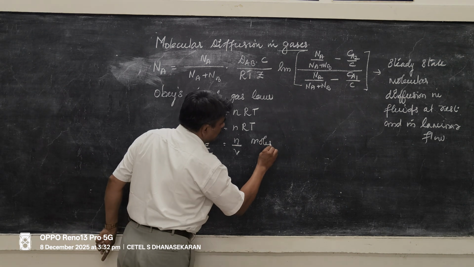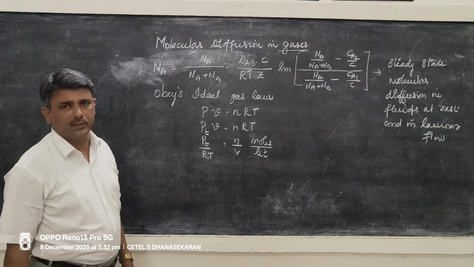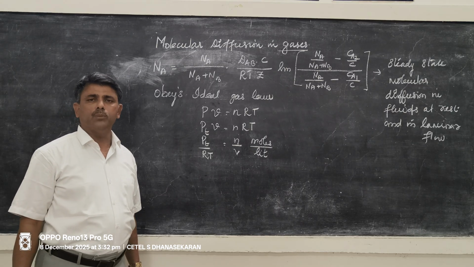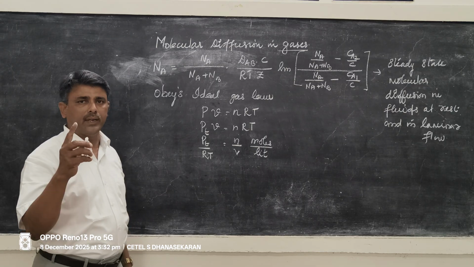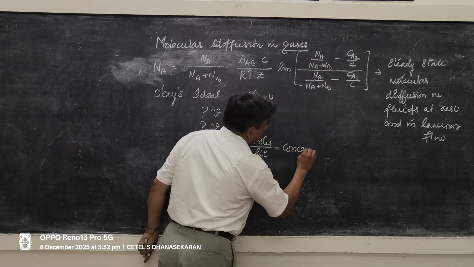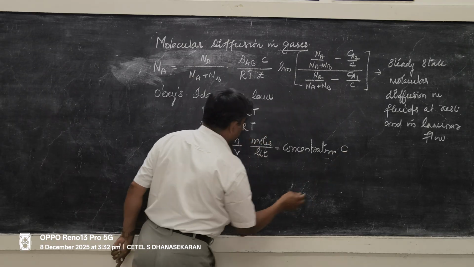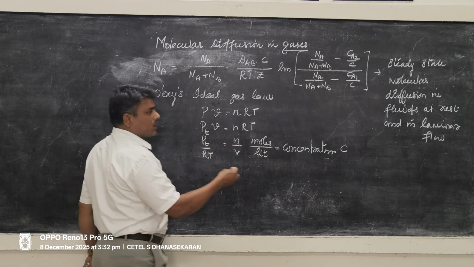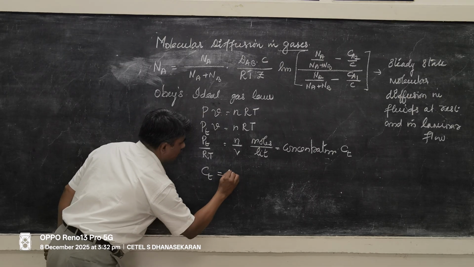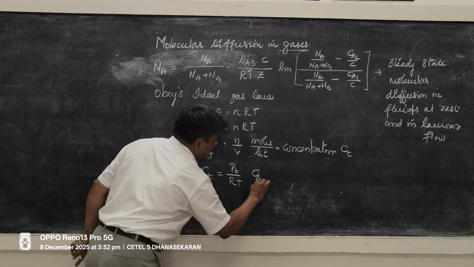Moles divided by volume of solution in liter is the unit of concentration. So n by V is equal to concentration C. Since this is total pressure, this is called the total concentration. That means Ct is equal to Pt divided by RT.